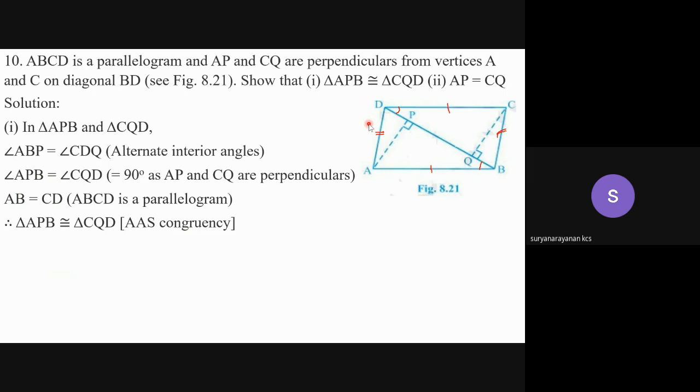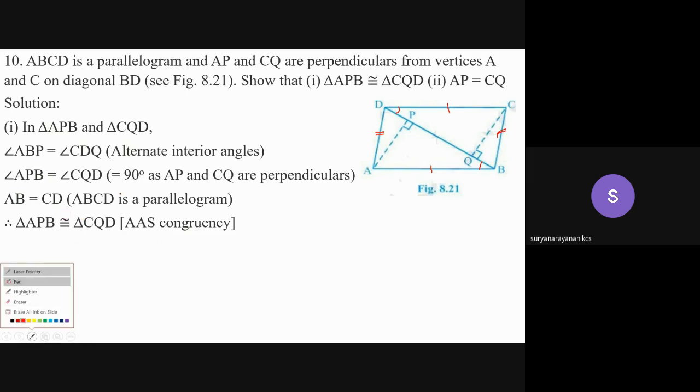Immediately, can we compare other parts of these two triangles which can be equated? Tell me. See here, again I am showing the first line in the solution, AP. AP and CQ. Yes, very good. AP is equal to CQ by CPCT.